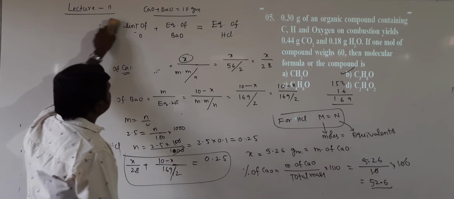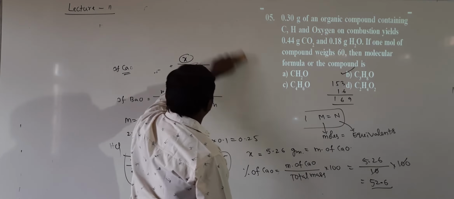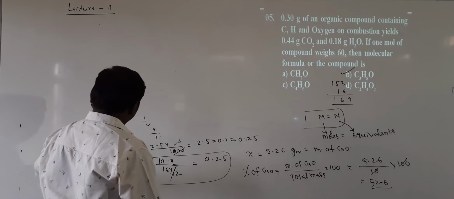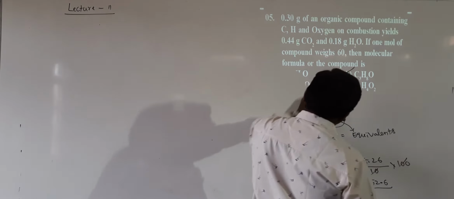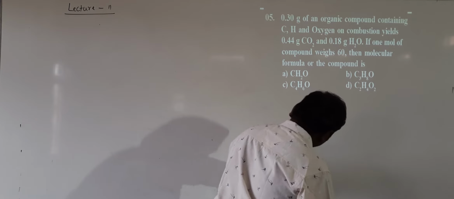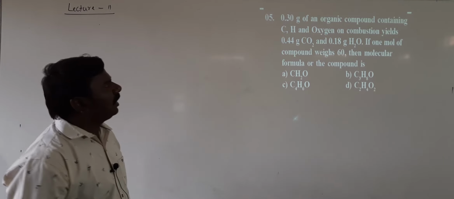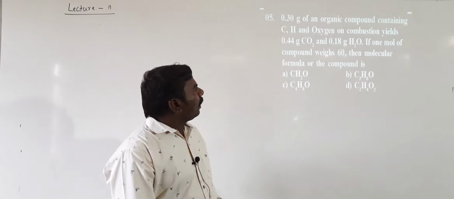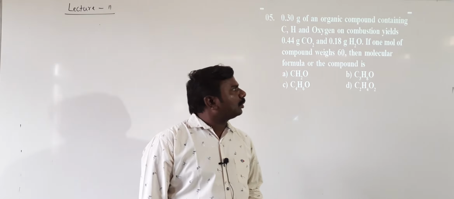Next, question number 5. 0.30 grams of an organic compound containing carbon, hydrogen, oxygen gives 0.44 grams of CO2 and 0.18 grams of H2O.